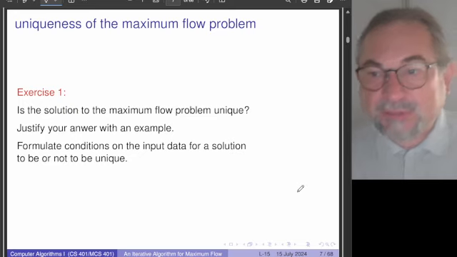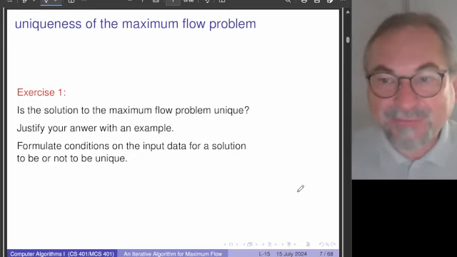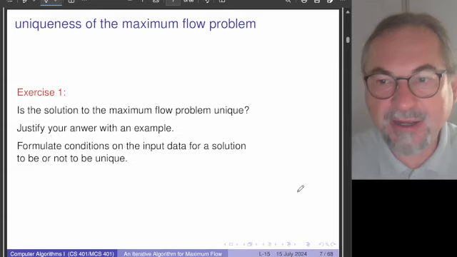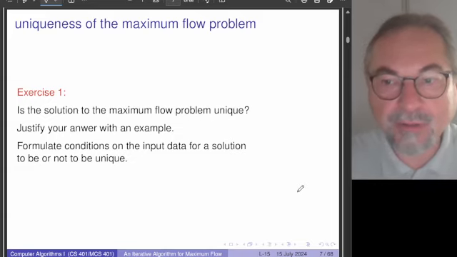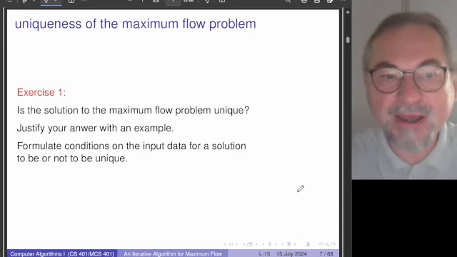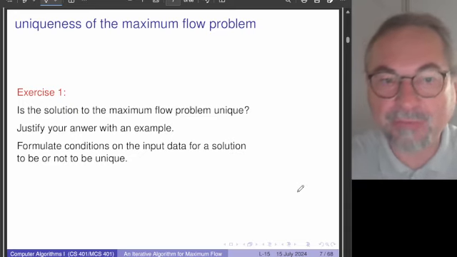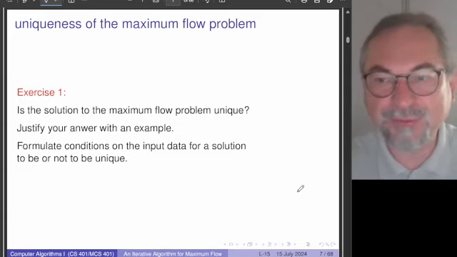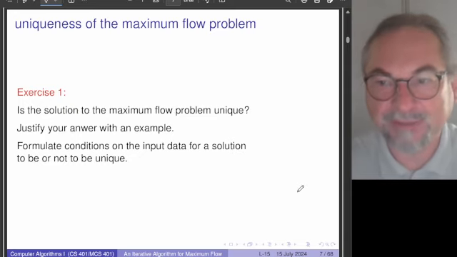Okay, so it's time for some reflection, for some exercises. Looking at examples, we only see one example of an input. Is the solution to this maximal flow problem unique? And this is not a yes or no answer. You should give examples where indeed it is unique.